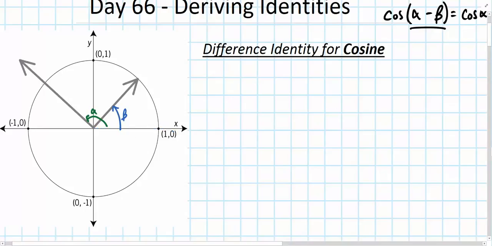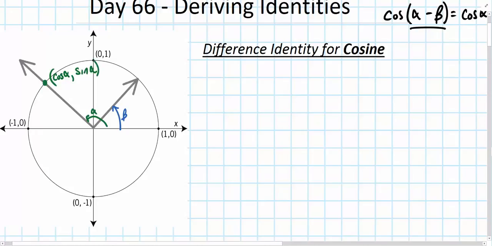To make this proof more effective, rather than focusing on the angles themselves, I'm going to focus on the coordinates that come from each of those angles. Since this identity works for any angle on the unit circle, it doesn't have to be one that we've memorized. What I want you to remember is that the x value of any angle is cosine evaluated at that angle, and the y value is sine evaluated at that angle.